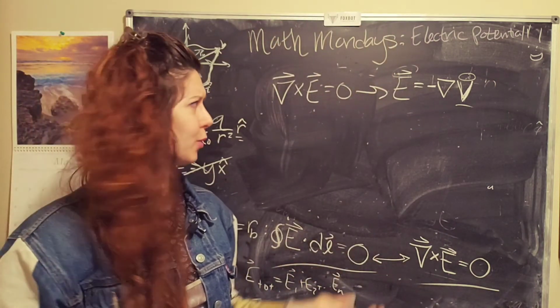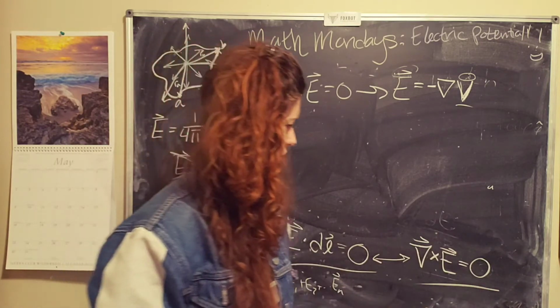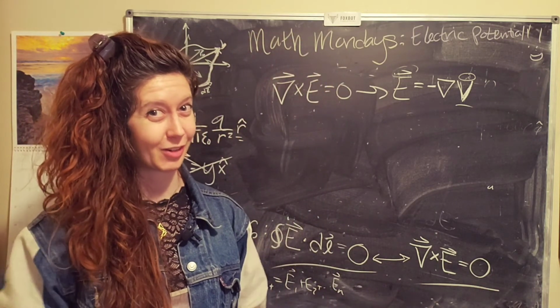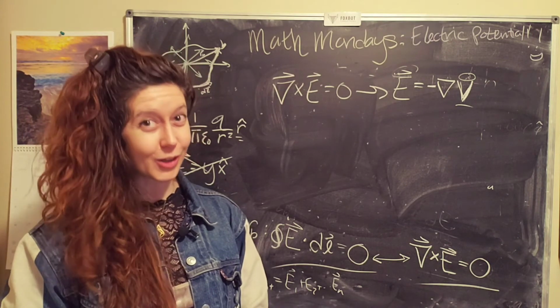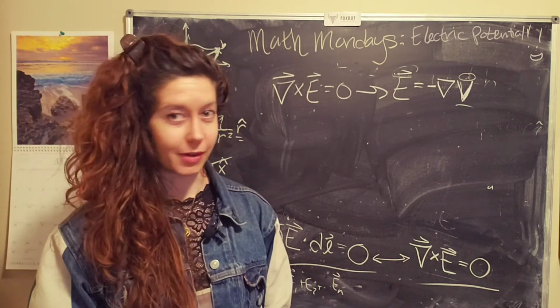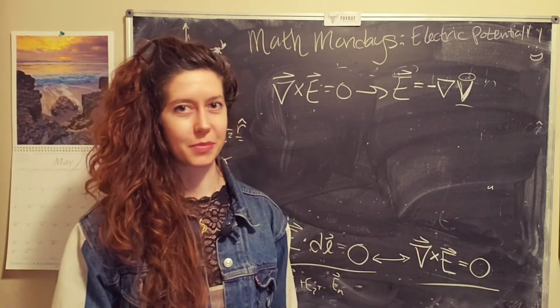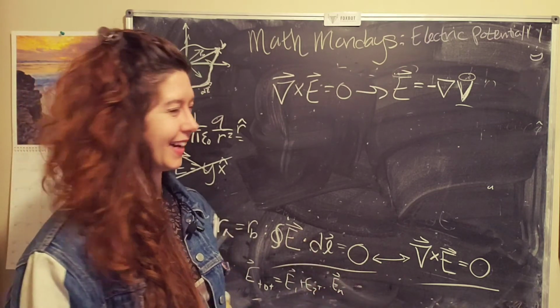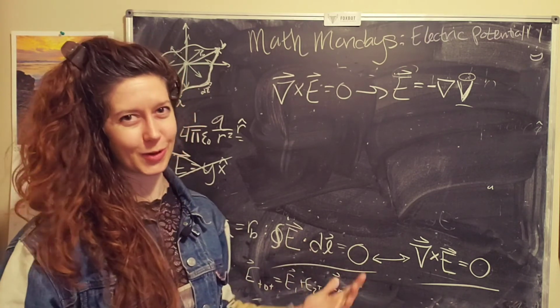Okay, well, but why do we care about the potential? We just spent all of this time learning about the electric field and how to calculate it, and now you're telling us that we don't need to bother with the electric field, we just use the electric potential. Well, kind of. It's all about using the right tool for the right job.